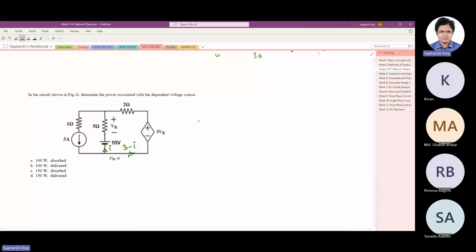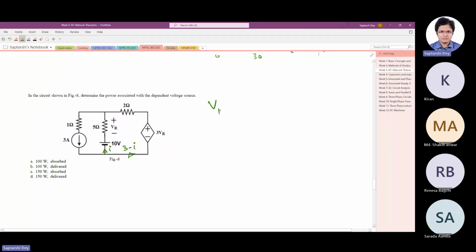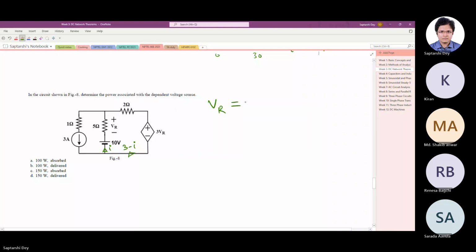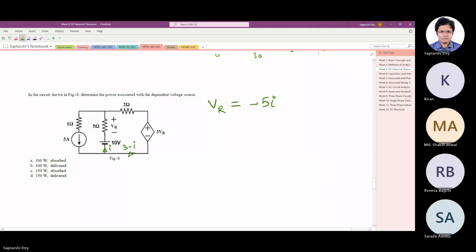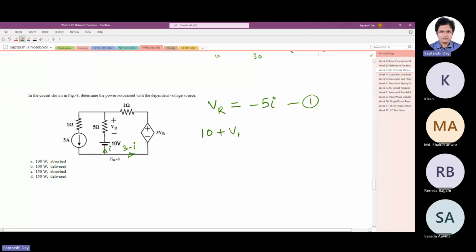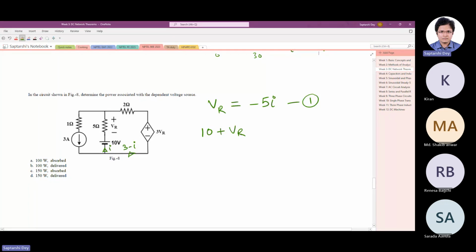So what we have written here, from there we can write that VR is minus 5I. True? This is our first equation. And then we can write KVL. We can write 10 volt increase plus VR increase.